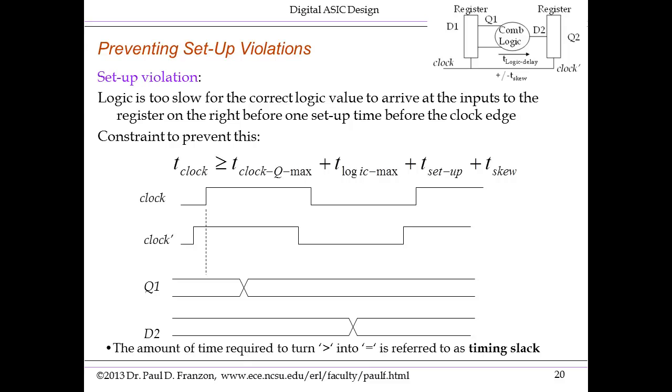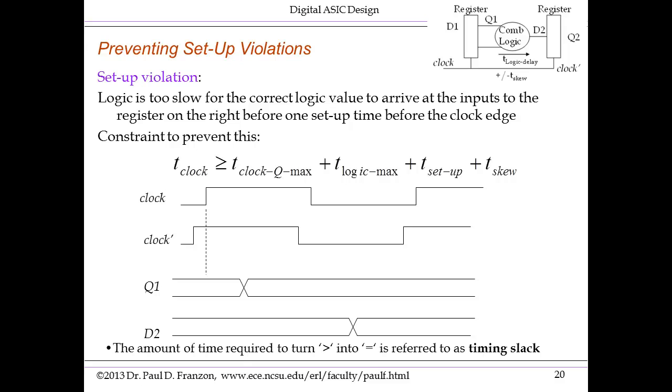So, first of all, which is the worst case for the skew of clock to clock dash? The worst case is if clock dash is advanced, that is, arrives earlier than clock. Then we only get from this point here, the rising edge of clock, to the next rising edge of clock dash for all the logic to propagate through.